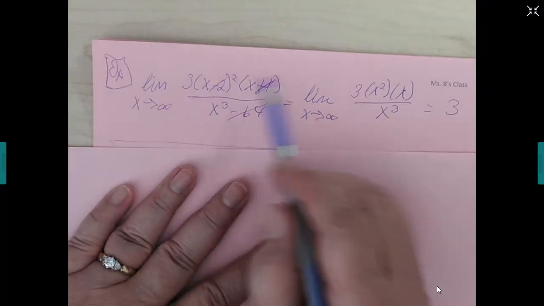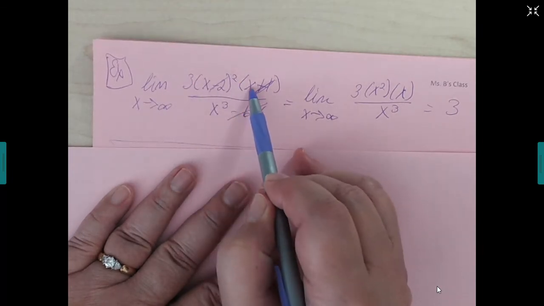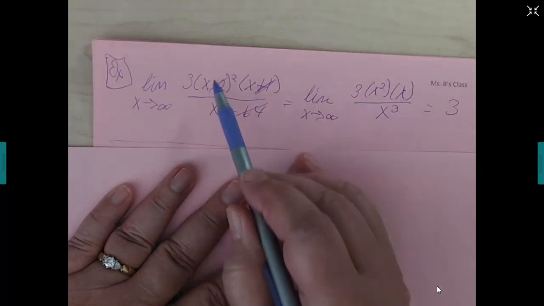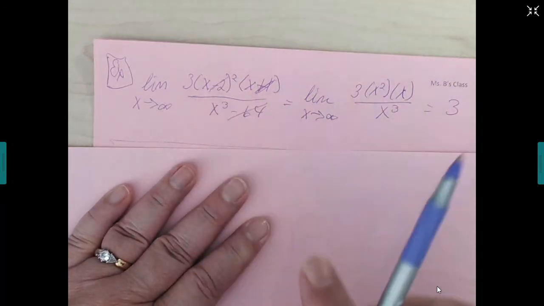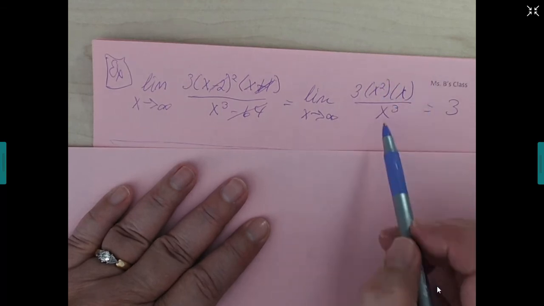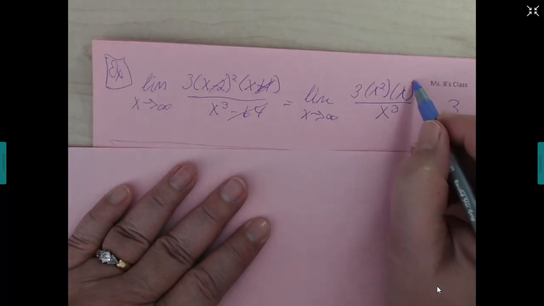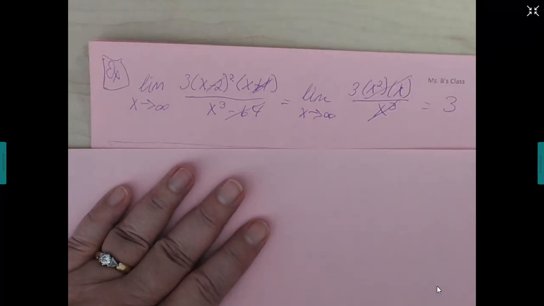So this all reduces down to 3 times x squared times x. You got rid of the negative 2, that's x squared still. X squared times x over x cubed. This is x cubed divided by x cubed. You can get rid of those, and you are left with 3.